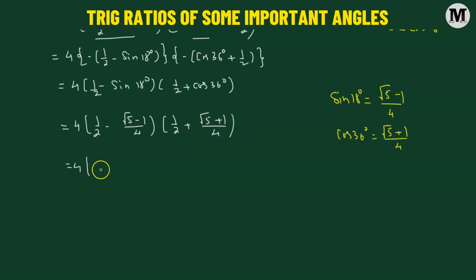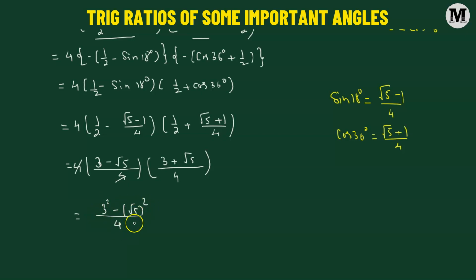So we have 4 multiplied by a denominator of 4. In the numerator, we have 3 minus square root of 5. And half plus square root of 5 plus 1 over 4 gives us 3 plus square root of 5. So we can factor out the 1 over 4 from the numerator and denominator. Now we have 3 minus square root of 5 multiplied by 3 plus square root of 5, which is simply 3 squared minus square root of 5 squared, divided by 4.